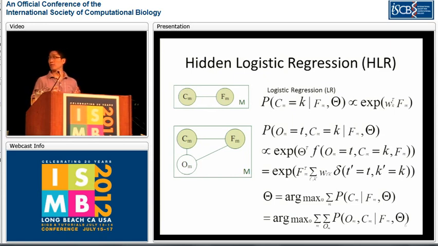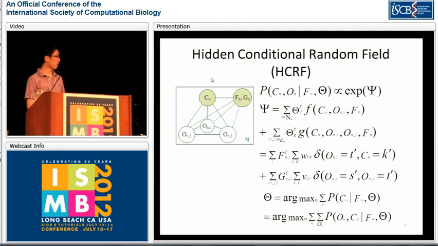Because closer regions in the cell may have higher relationship, we want to model this kind of dependence between the regions. And it comes to the modified model we call the hidden conditional random field, HCRF. We also show a graphical model here. For each cell, we have several regions, and instead of assuming they are independent, we give dependence between the regions.